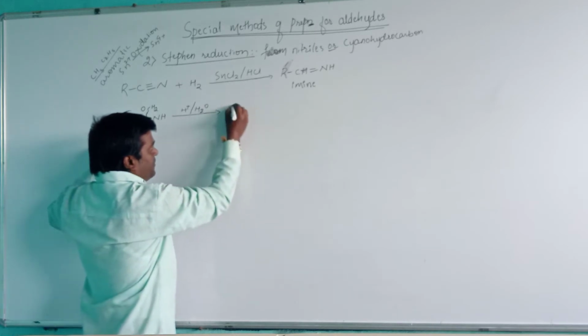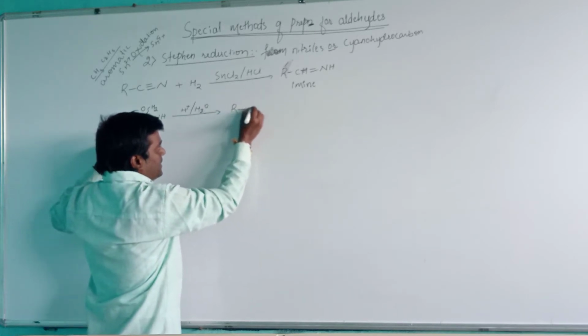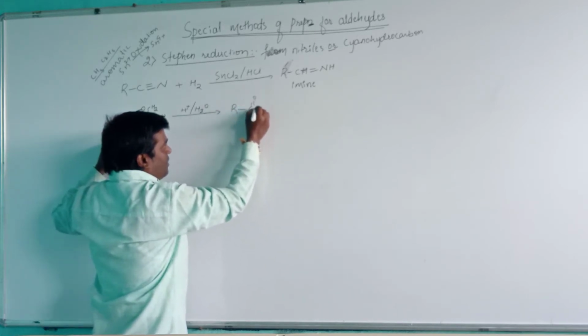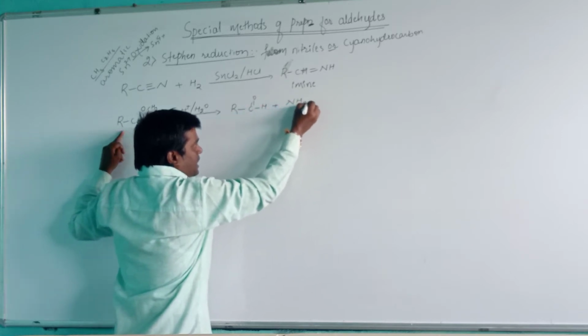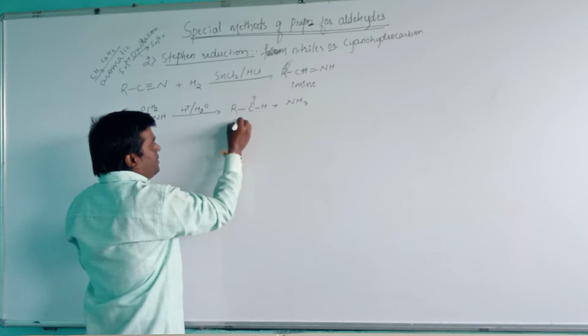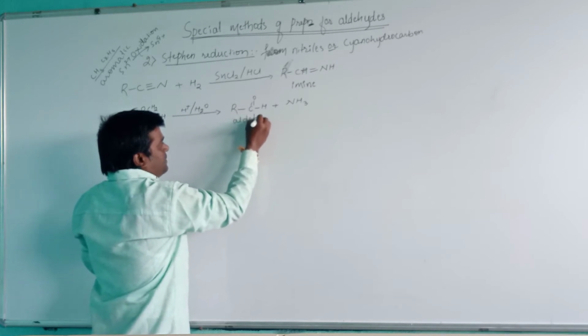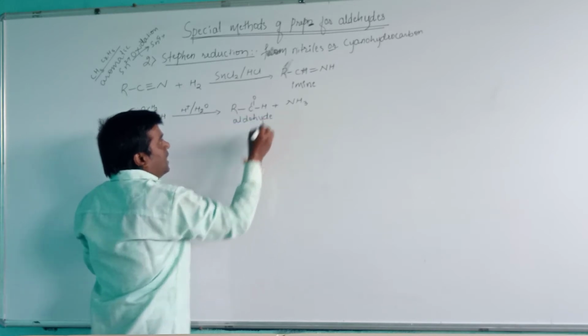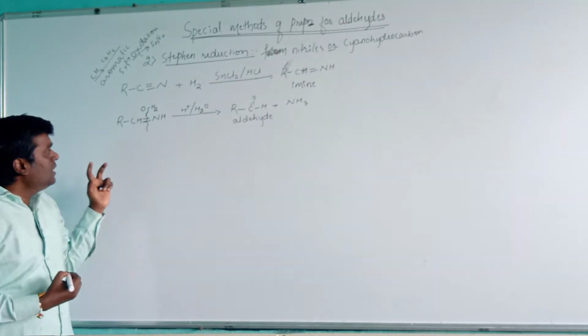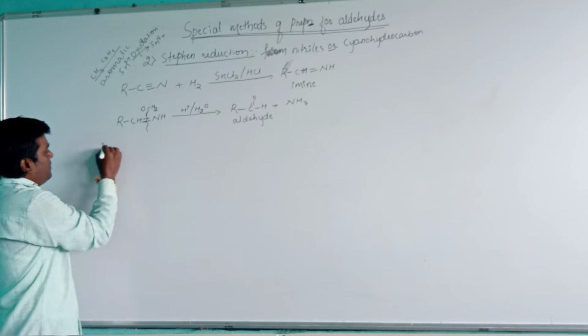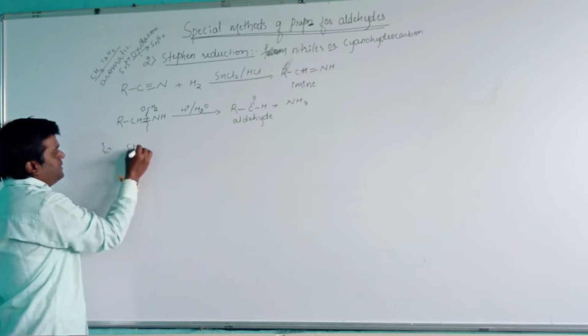The main product will be the aldehyde, that is R C double bond O H, and ammonia. That is, our product is an aldehyde. This method is known as the Stephen reduction reaction. Let us see an example.